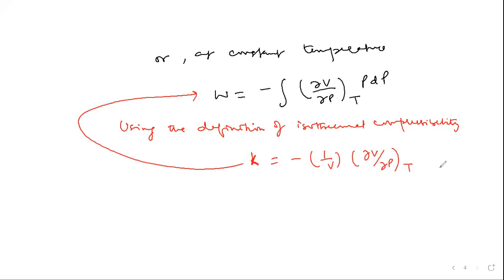So we get W is integral from Pi to Pf of V kappa P dP, right? Pi is the initial pressure and Pf is the final pressure.